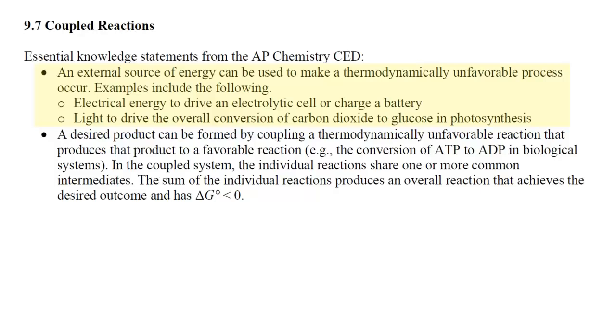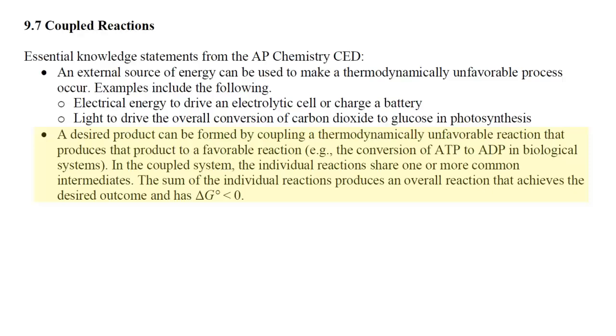That statement says, a desired product can be formed by coupling a thermodynamically unfavorable reaction that produces that product to a favorable reaction. For example, the conversion of ATP to ADP in biological systems.